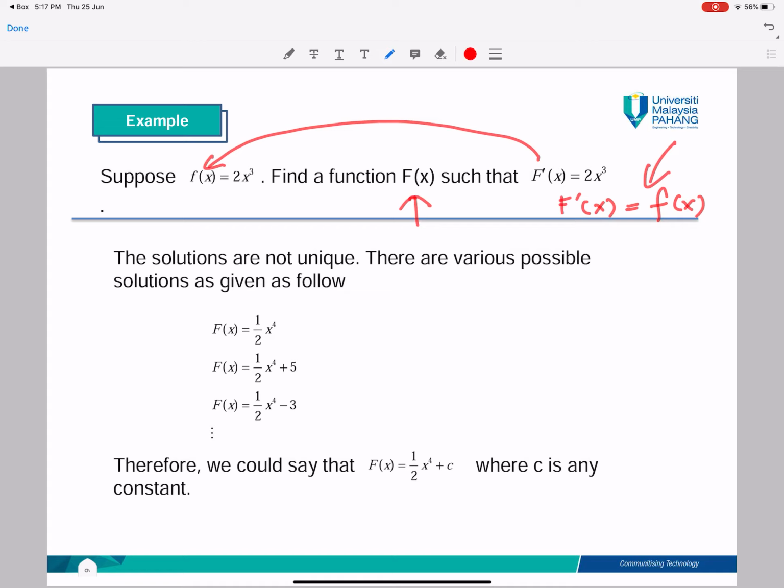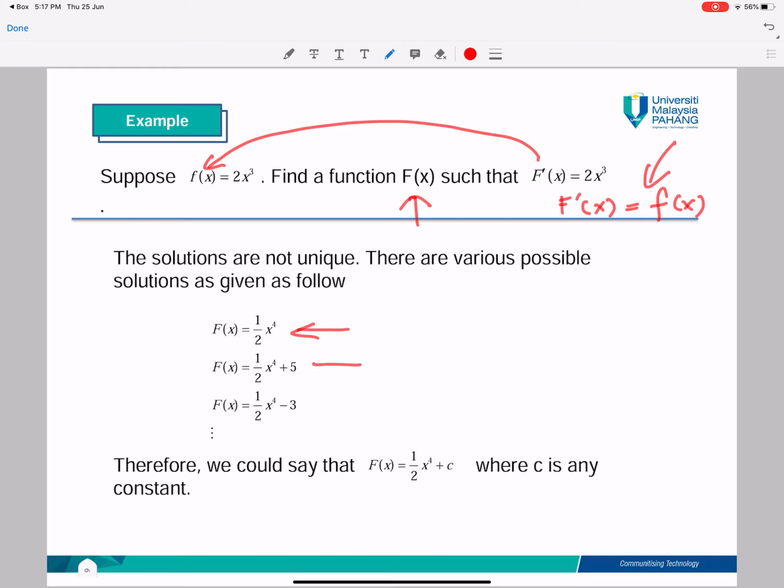So in this case, when we want to find the solution, the solutions are not unique. Actually, we have many solutions, because we can say that capital F(x) is equal to 1 over 2 times x power of 4.